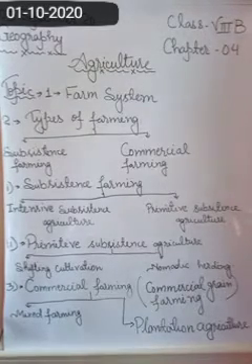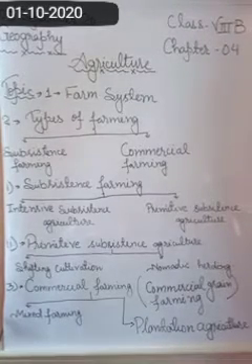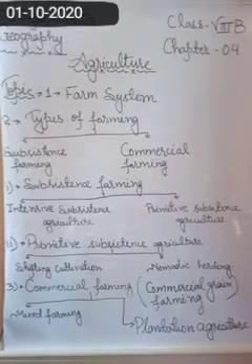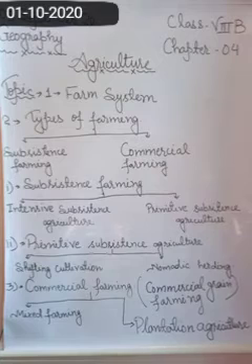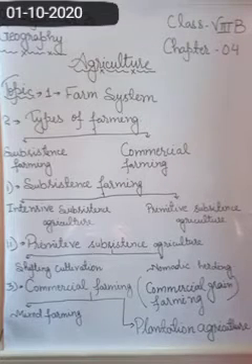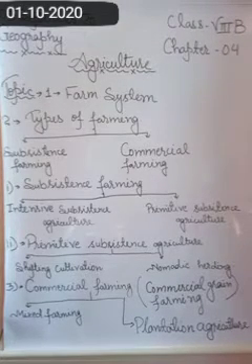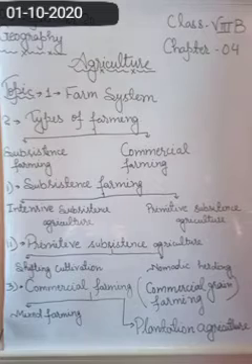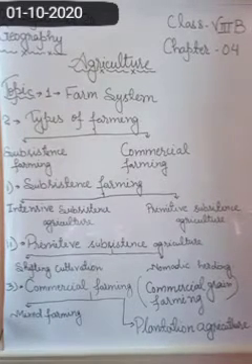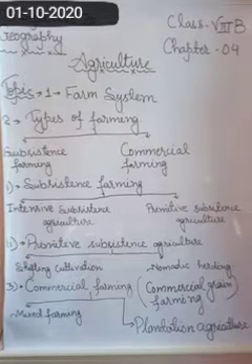People use all these things to grow a good crop and earn more and more profit. So students, on the basis of this, farming can be classified into two main types. Number one is subsistence farming and number two is commercial farming.